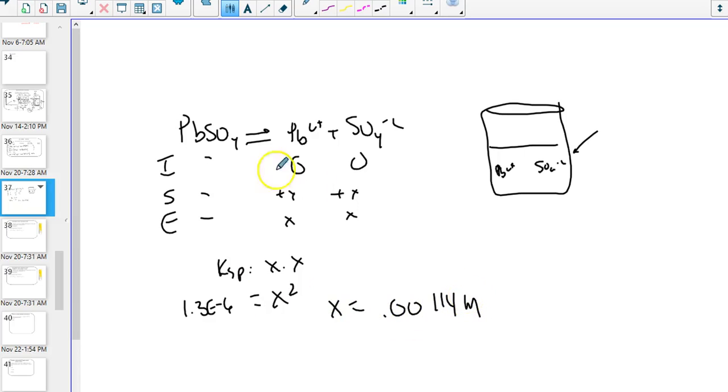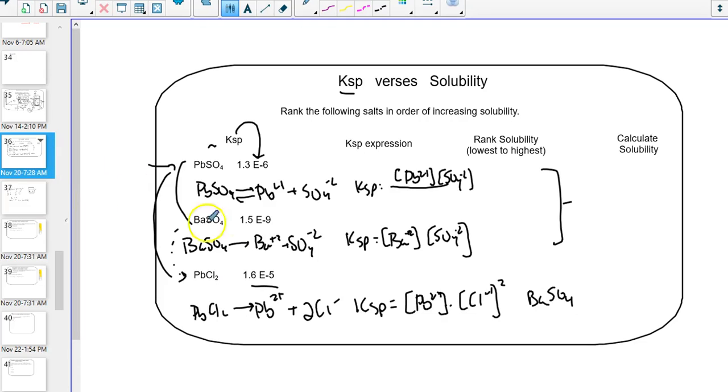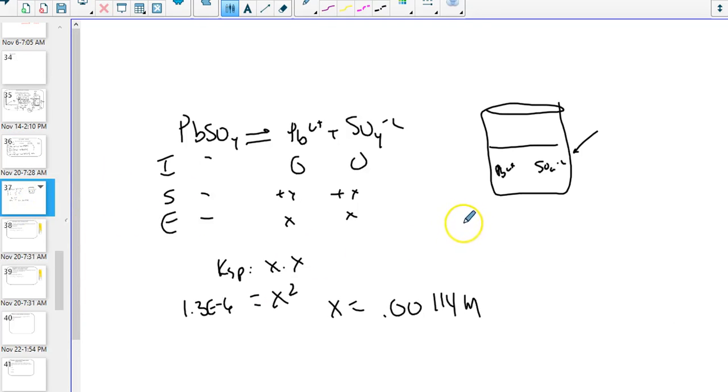Let's do the last one here. I'm going to get 1.6e-5. PbCl2 goes to Pb2+ and 2 Cl-. Initial, the stoichiometric ratio, not playing a role, 0, 0, plus x. Now this one I'm going to gain 2x of that one.